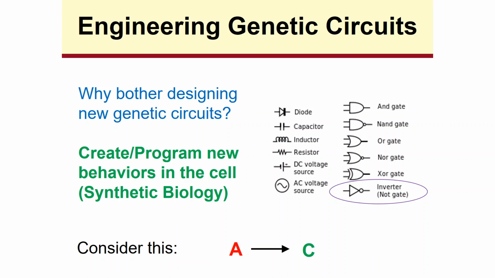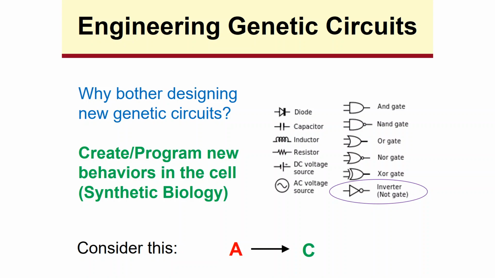To start to think about how we're going to apply this abstract thinking and engineering paradigm to genetic circuits, consider what we have at the bottom of this slide. We have input molecule A, which activates gene expression C. A very, very simple genetic circuit. The more of the input A we have, the more of the output C we get.